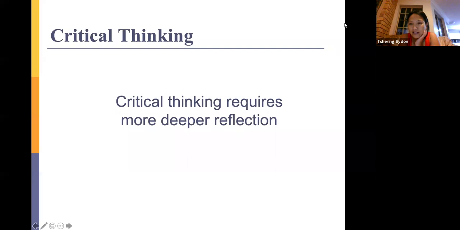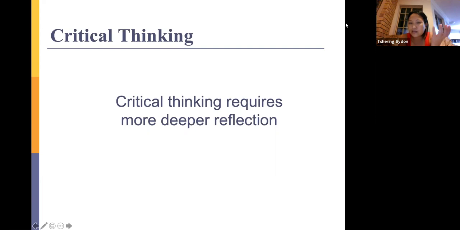I think it is something that has to be learned, because critical thinking doesn't come very easily. We tend to go with what others say or what is being done.